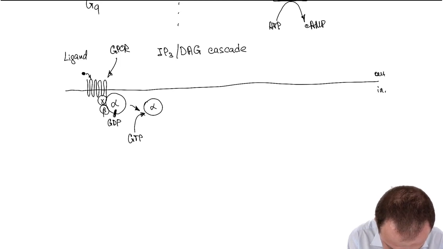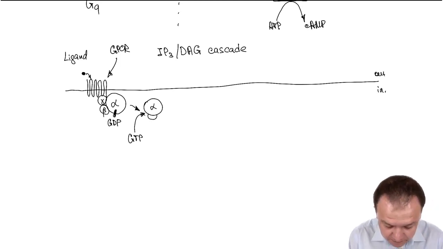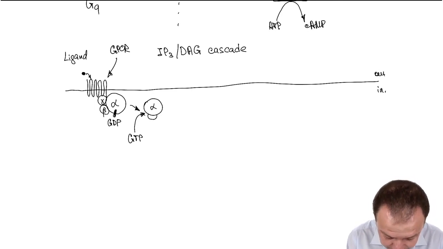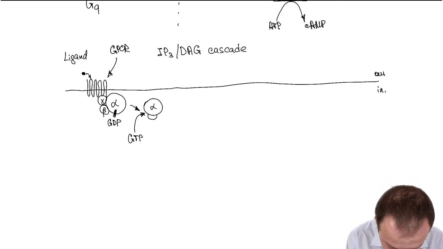to GTP, guanosine triphosphate. So it becomes phosphorylated, and as it becomes phosphorylated, it activates another enzyme that is present in the cell membrane.